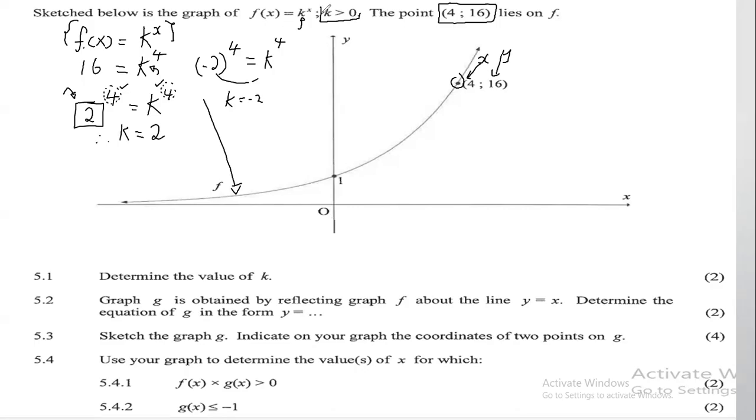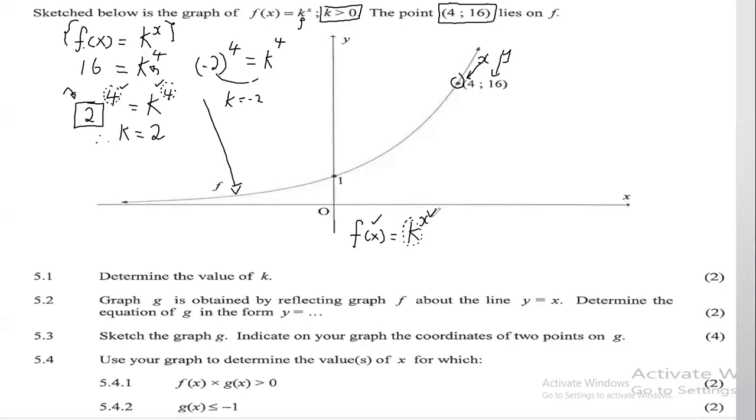So the correct value of k is 2, which is actually the first question on 5.1. It says determine the value of k. So it's simple stuff. How do you find the value of k? On your equation, f of x equals k to the exponent x, please substitute your y and your x so that k can be the only unknown on this equation.